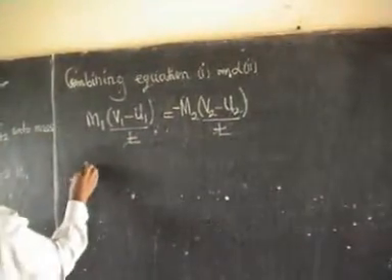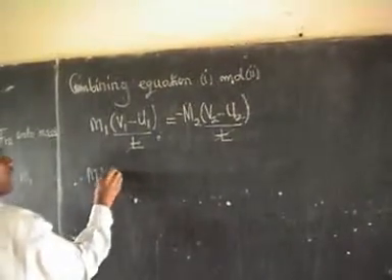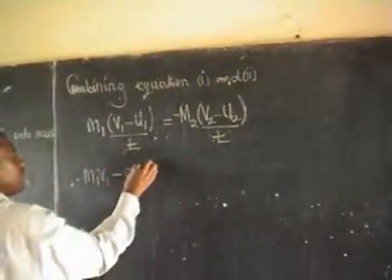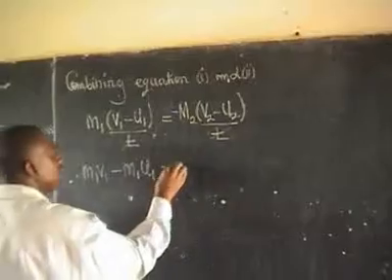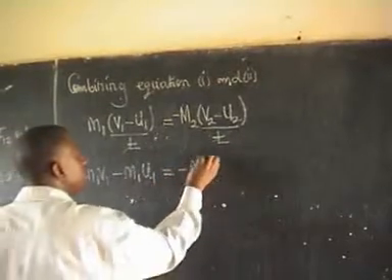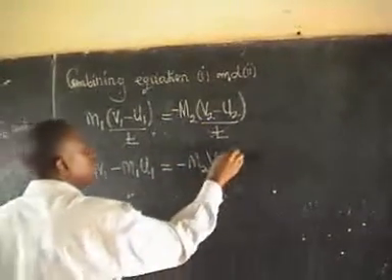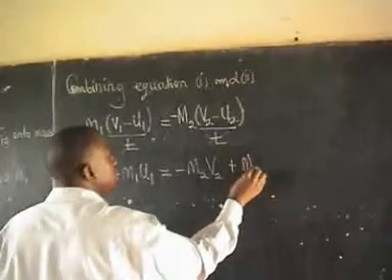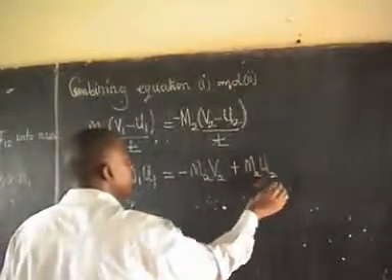So we have M1 V1 minus M1 U1 is equal to negative M2 V2 plus M2 U2.